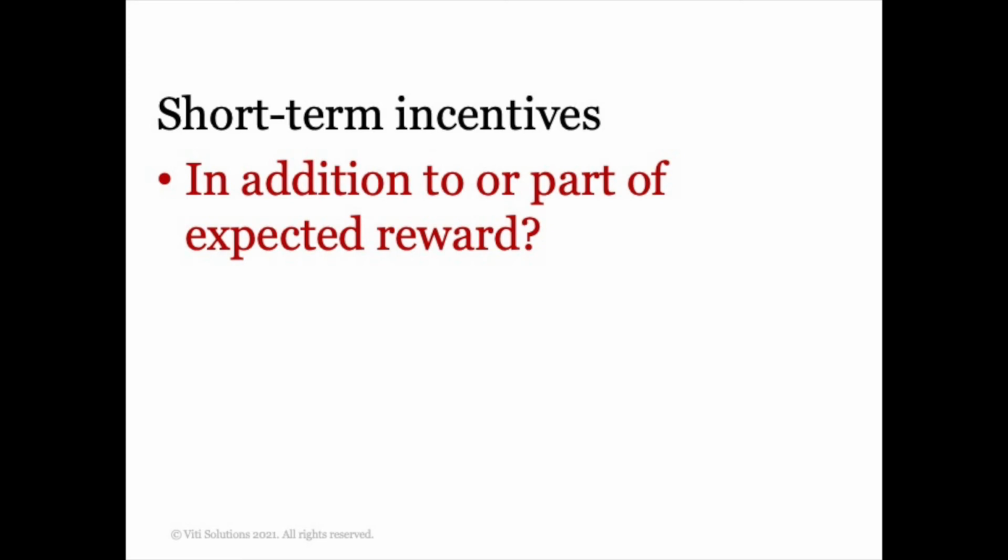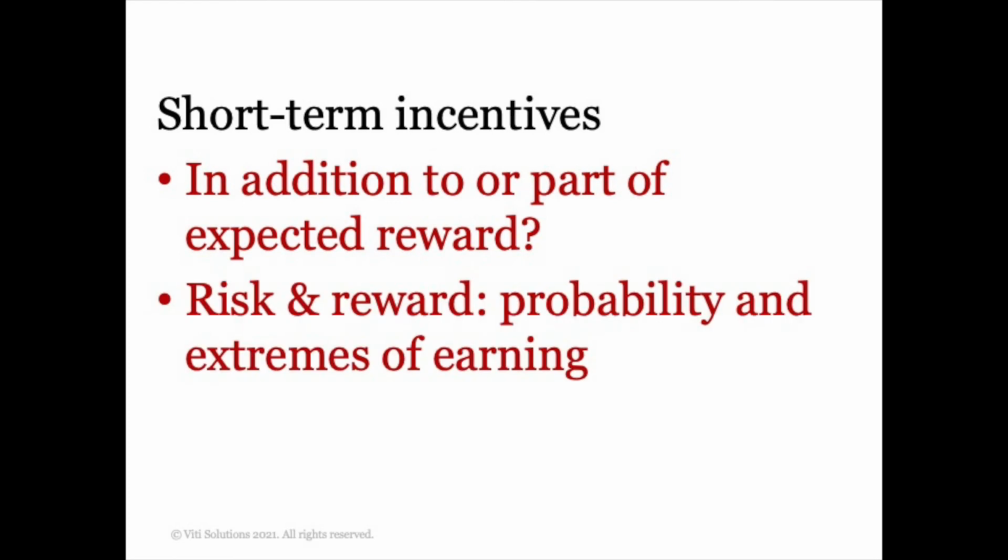The next thing is to think about the balance of risk and reward. So how does the incentive encourage risk taking, and how much does it reward it? And then also, which is really key, is what is the probability of earning different levels, including what are the extremes that this incentive may deliver.